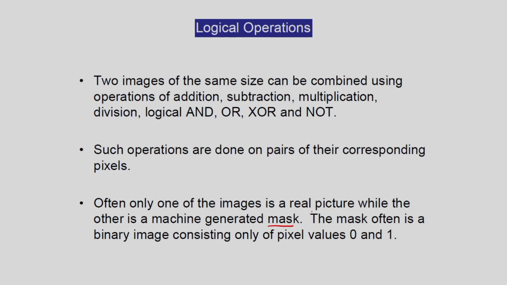So first I have to consider the real picture, the image, and also a machine generated mask. The mask is nothing but a binary image consisting only of the pixel values 0 and 1. So this logical operation is performed between the mask and the image.